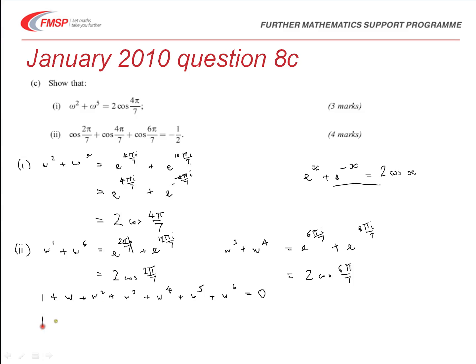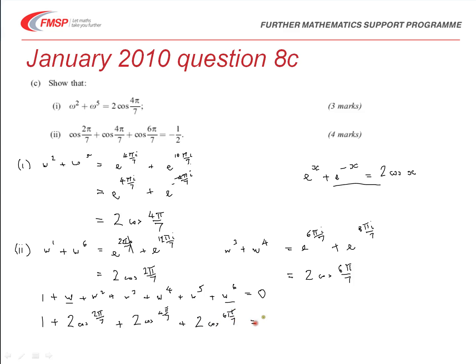So we can say that this is 1 plus, the w plus the w to the 6 generates the 2 cos 2 pi over 7. Then the w squared plus the w to the 5 gives you the 2 cos 4 pi over 7. And then the w cubed plus the w to the 4 gives you twice cos 6 pi over 7.